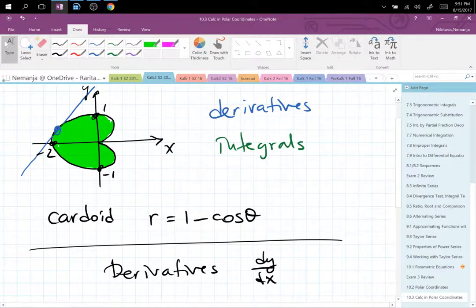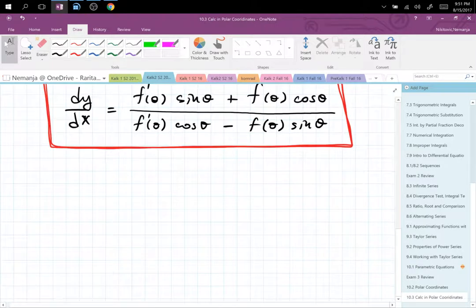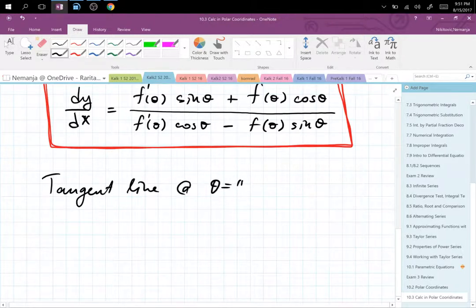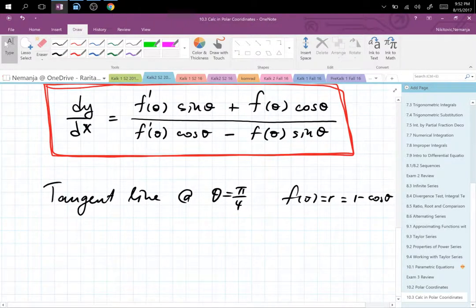So let's say you have your cardioid problem and you want to find the tangent line at theta equals pi over 4, where f of theta, which is r, is equal to 1 minus cosine theta. So to find the tangent line, you are going to plug everything into the equation above and solve it.